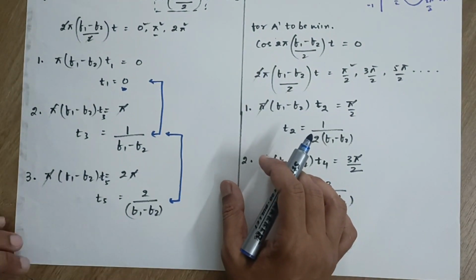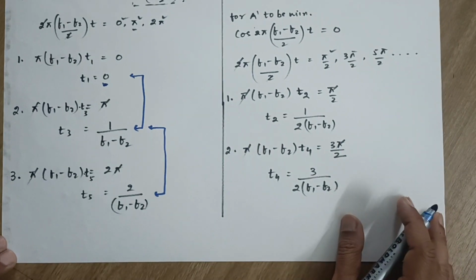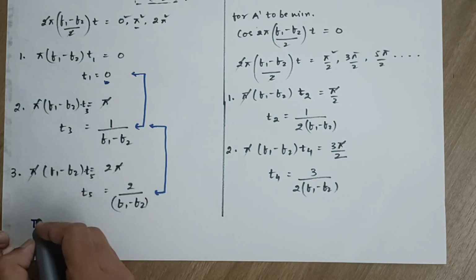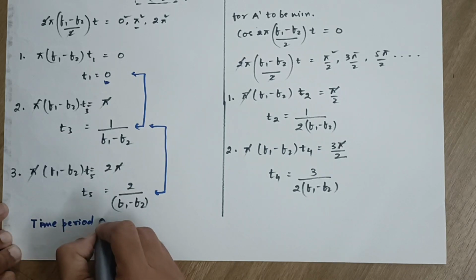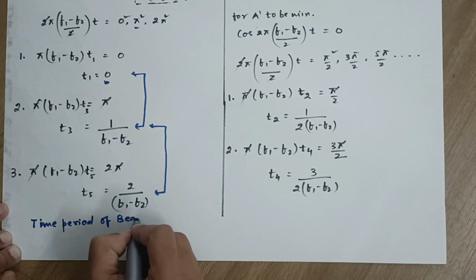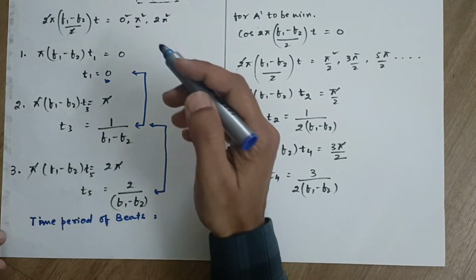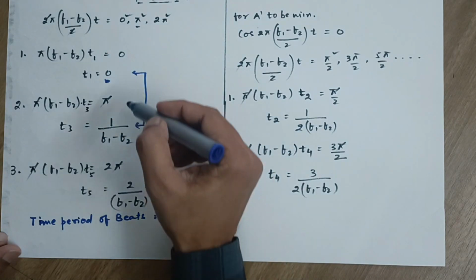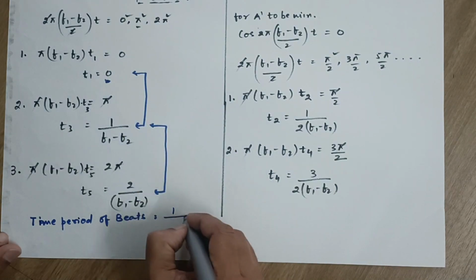So that means I can also say that the time gap between the two beats, I mean two loud sounds, is the time period of beats. Time period of beats means it is the time difference between two loud sounds. I can take the difference of this and this, or this and this. I'll get the same answer.